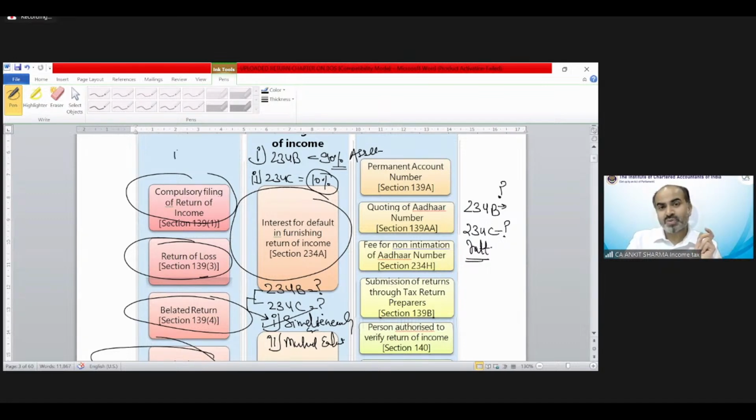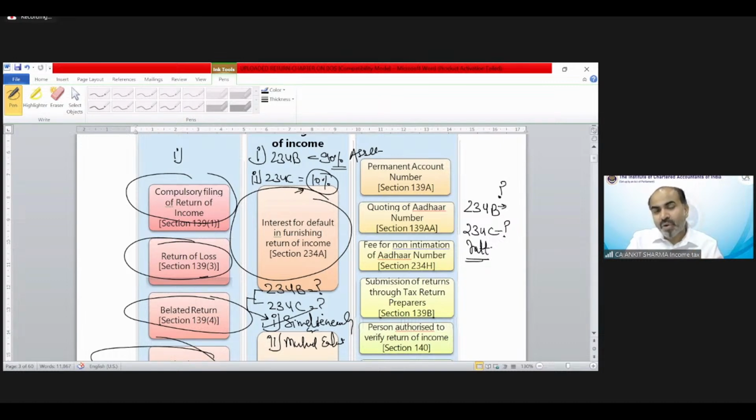So in this case, 234C would be applicable because he has paid less than 12% on the first date, less than 36% on the second date, less than 75% on the third date, and less than 100% on the last date. So he defaulted on all 4 dates if he only deposited 10%.